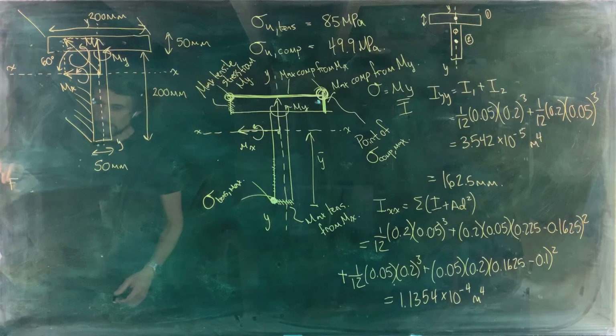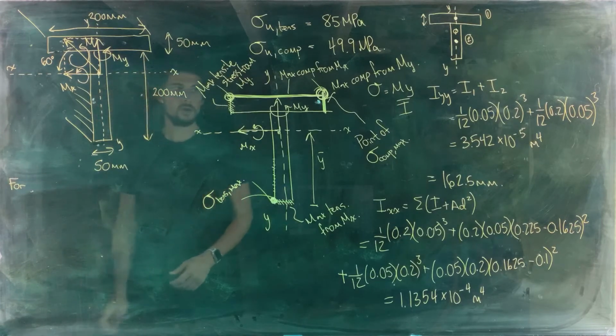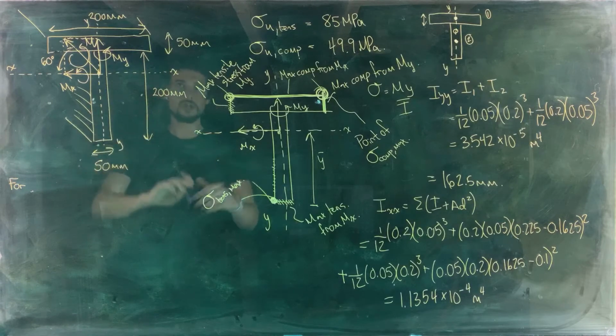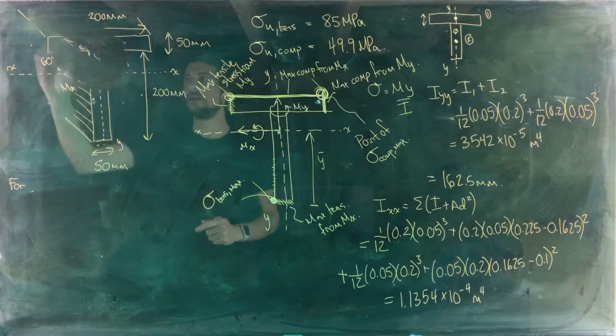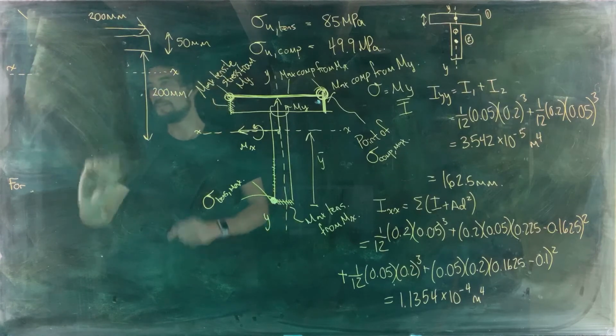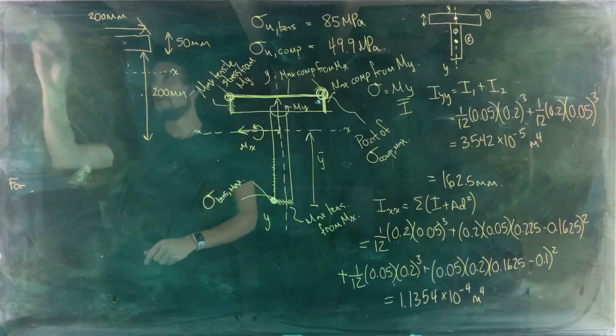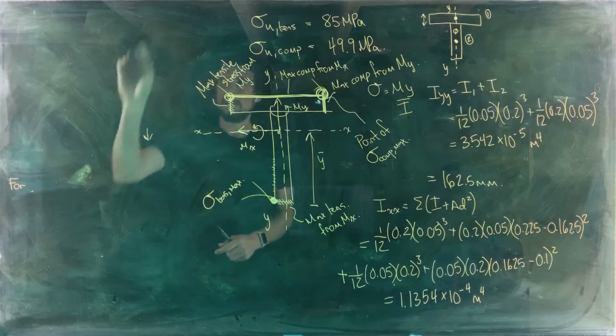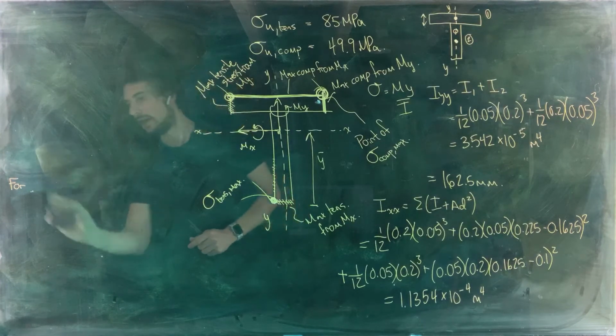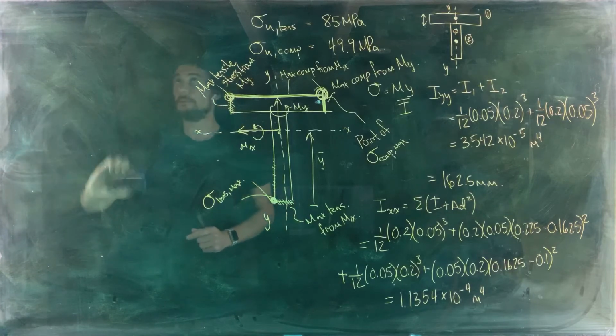Actually, we've got pretty much everything we need over there. We know that these are 200 by 50s now. So let me clean a bit more space up, and then we can do compression and tension right on top of one another. And we won't have to do any more erasing for this problem.